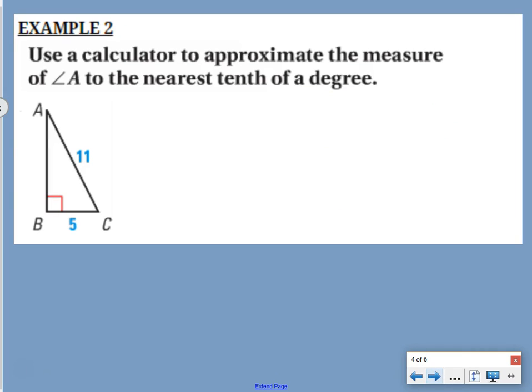Use a calculator to approximate the measure of angle A to the nearest tenth of a degree. So if we're looking at measure of angle A, let's label our sides. We have the opposite side, the adjacent side, and 11 here is our hypotenuse. We know the opposite and the hypotenuse.